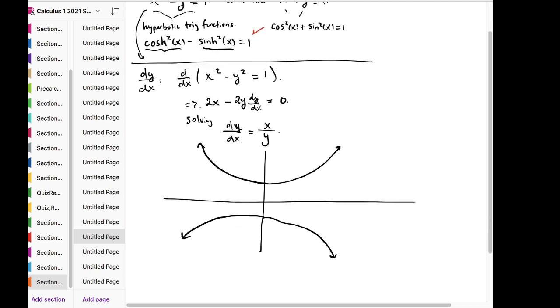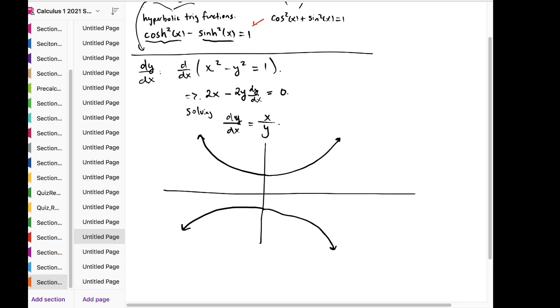Let's think about why this might make sense. When is dy dx positive and when is it negative, in terms of quadrants?